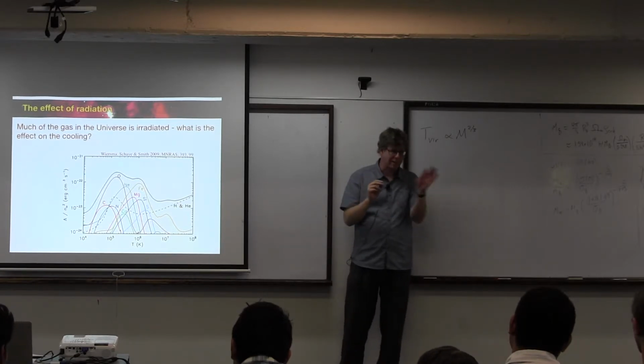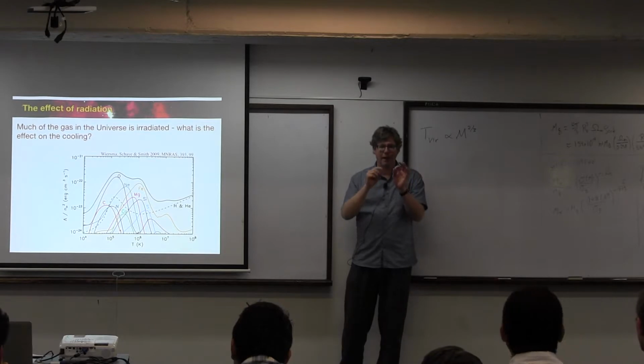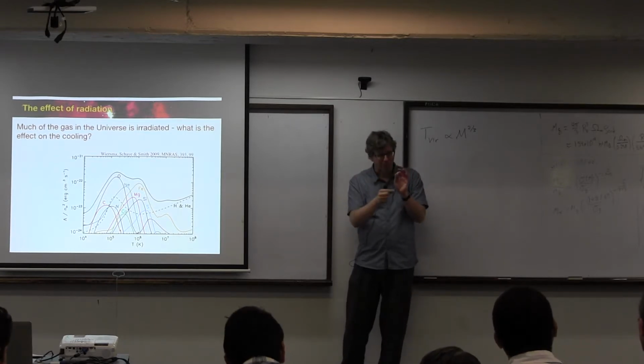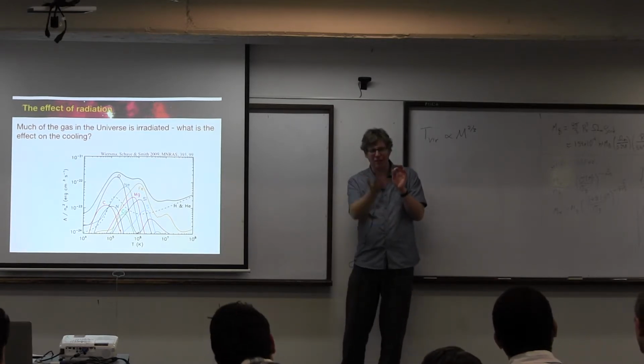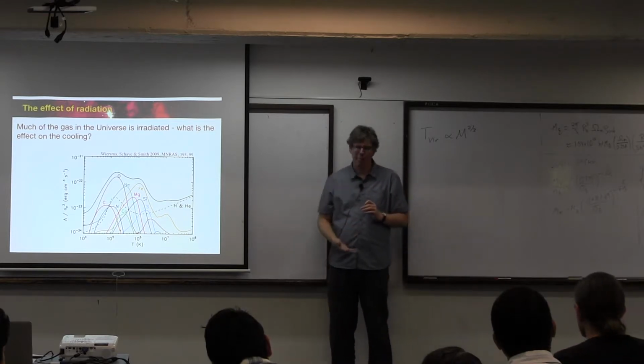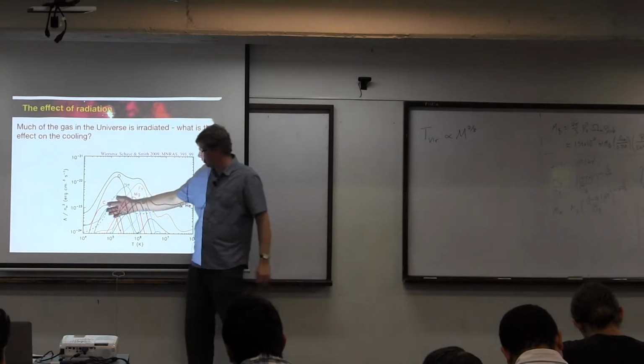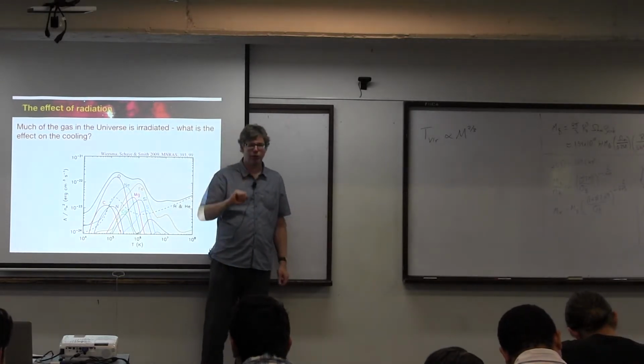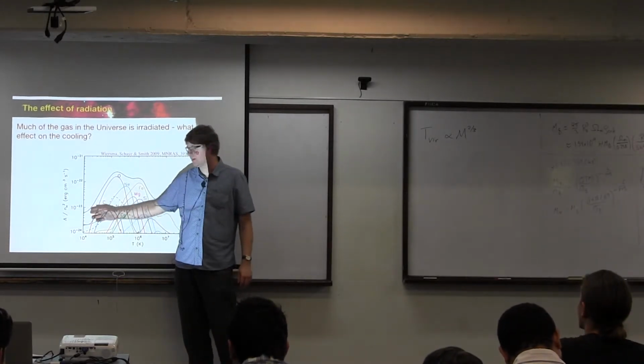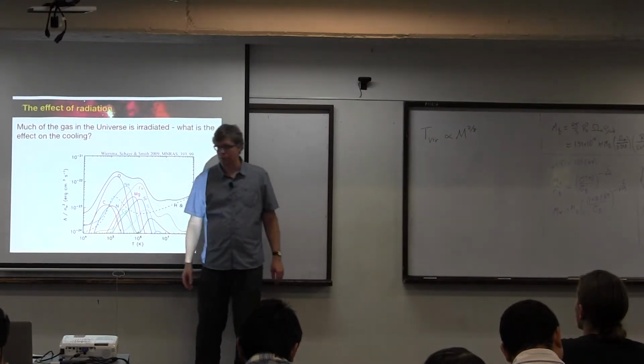You have electrons hitting the hydrogen, but they have to be able to get enough energy into the hydrogen to lift it up to the first excited state. But it's much easier when you have metals, because there are many not so strongly bound transitions in metals, and that's why this tail goes much higher.